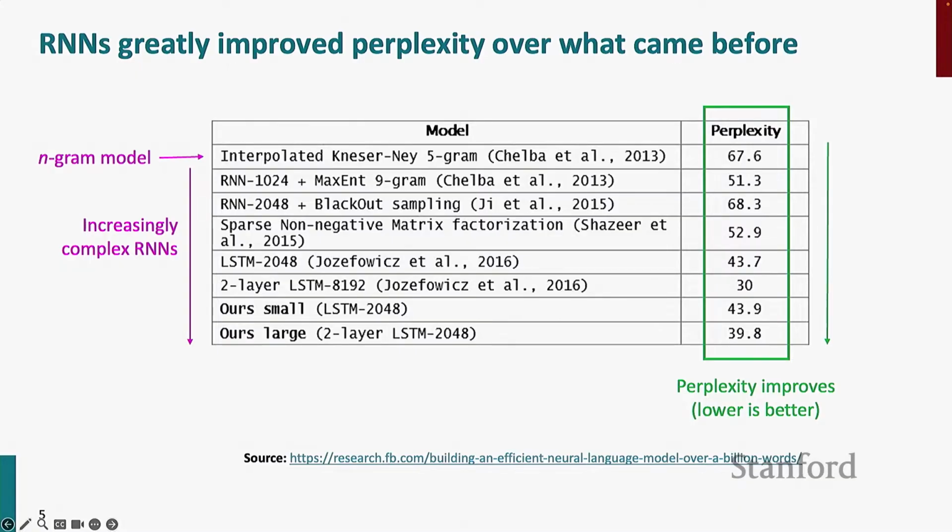Now, by modern standards, these numbers are still really high, right? For the best language models that we have now, you're getting perplexities in the single digits. You're getting models that are very often able to guess exactly the right word, though of course not always, because no one can predict what word is going to be said next in a lot of circumstances.